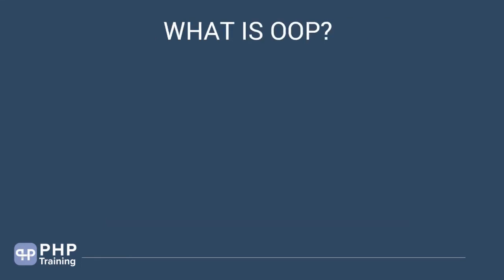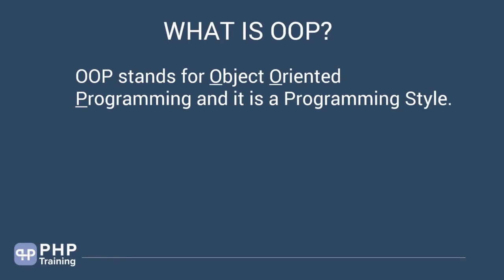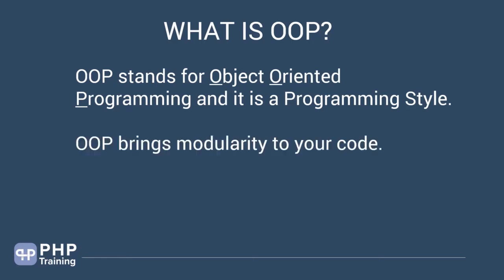So what is OOP? Okay, so let's understand the definition of it. OOP stands for Object Oriented Programming. That is the full form of the OOP, and you're thinking in objects. Just now you were in procedural style, you were not thinking of any object, but when it comes to OOPs, you will start thinking about a car object, right? And it is a programming style. How are you going to change your programming style to achieve reusability and modularity in your code?